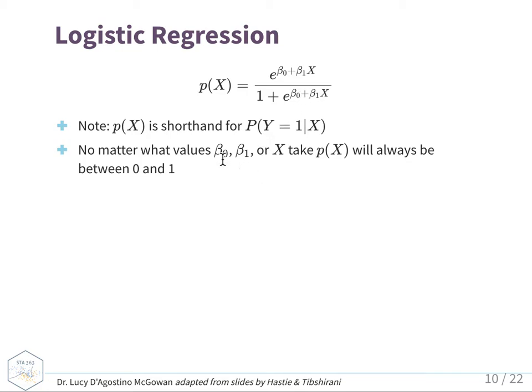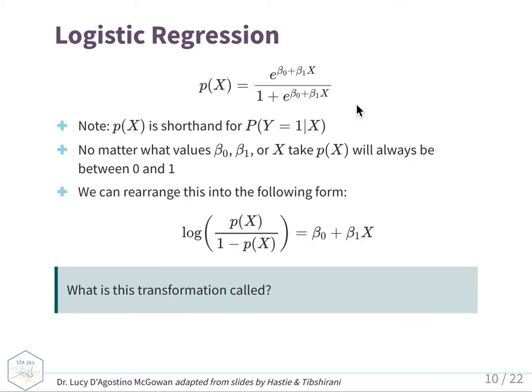No matter what values beta 0, beta 1, or x take on, this probability is always going to be between 0 and 1, based on the way the logistic function works. You can plug in various values to see if you can ever get it to break, and you can't. So there you have it.